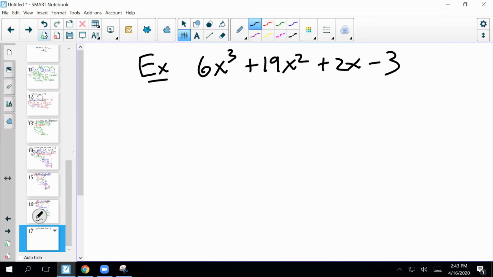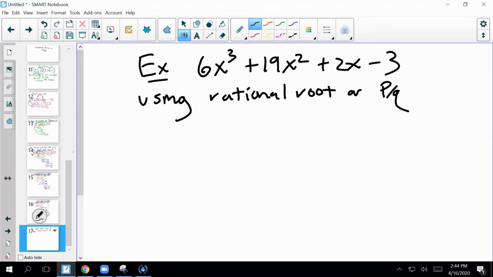This is what we want to factor using the rational root, or sometimes they call it the rational root method. Usually I call it the PQ method.